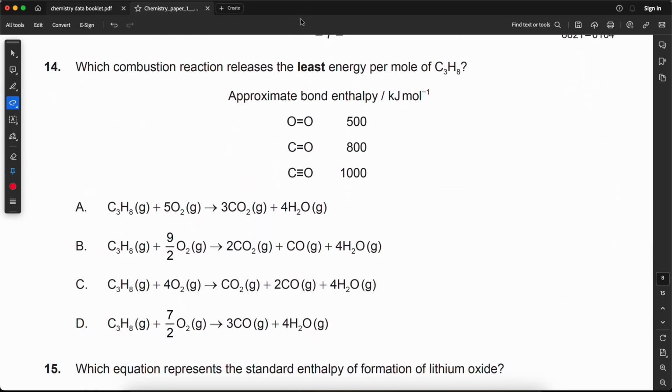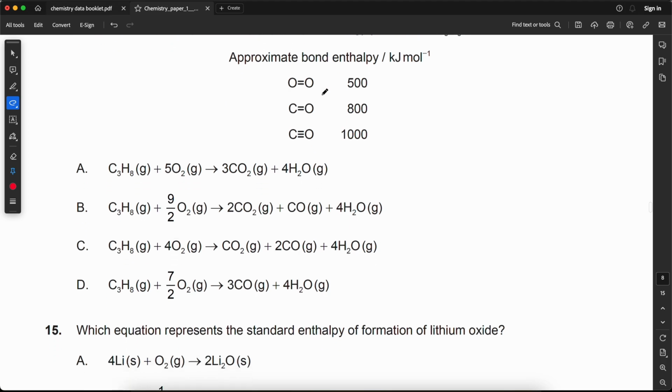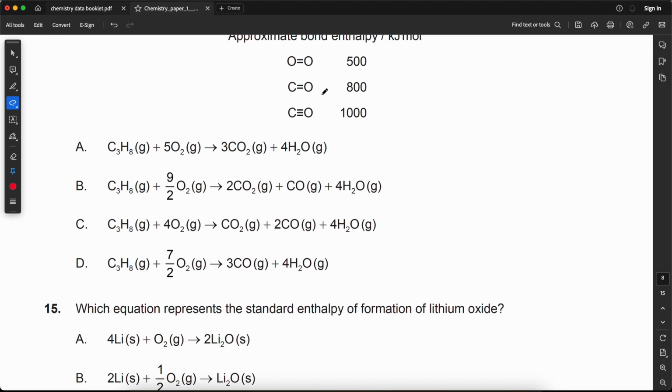Which combustion reaction releases the least energy per mole of C3H8? Okay, so we don't really care about this because they are the same for all, and this one as well. So we just need to care about these two.